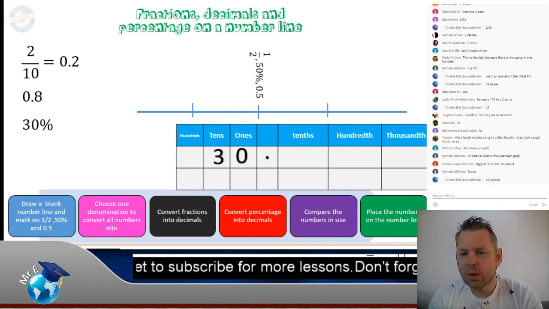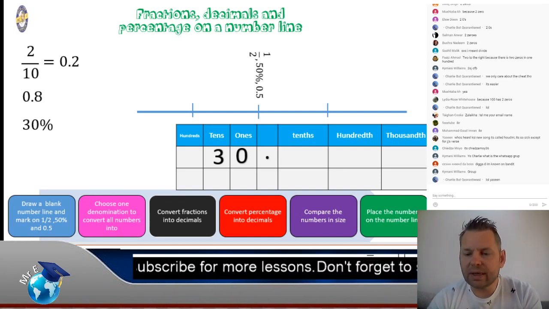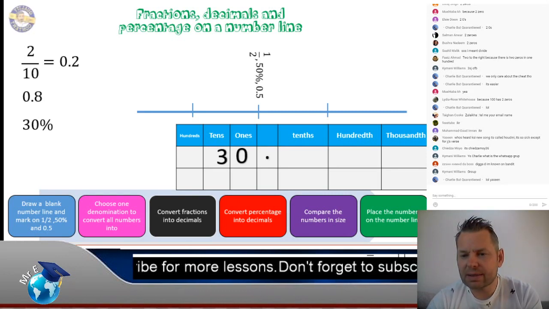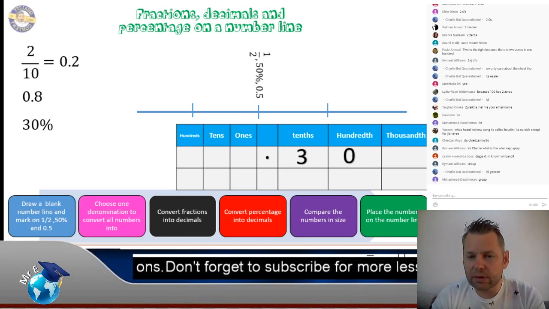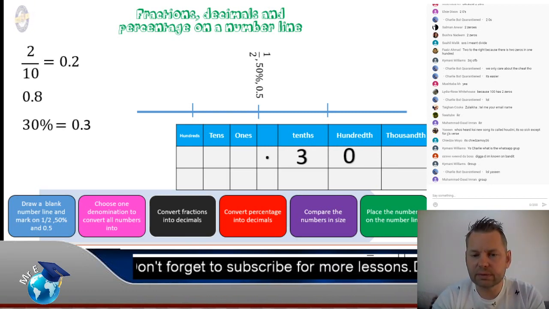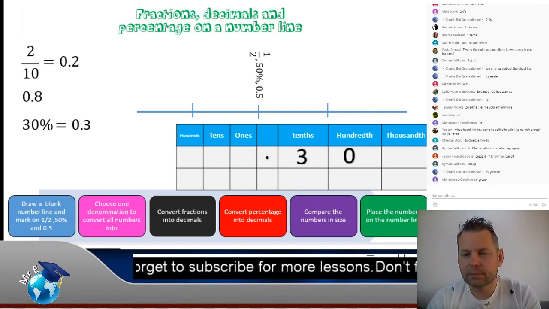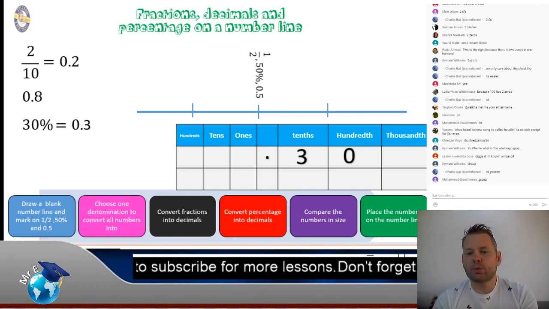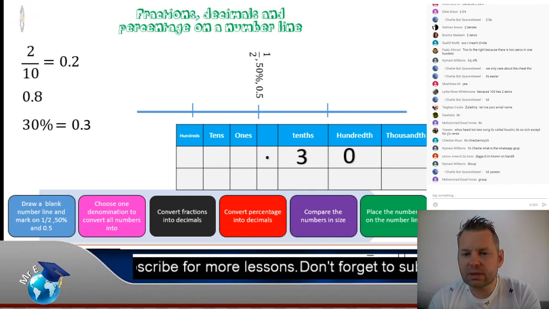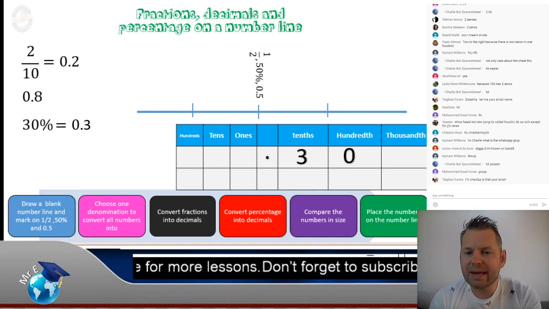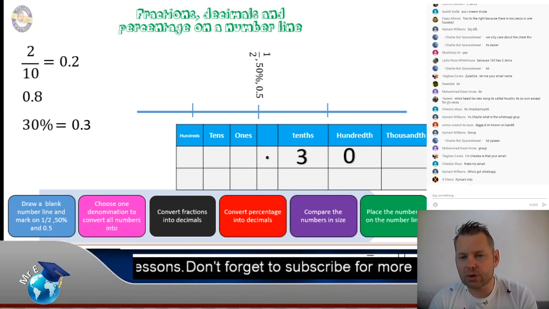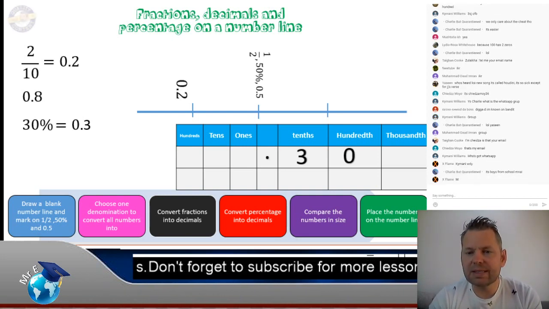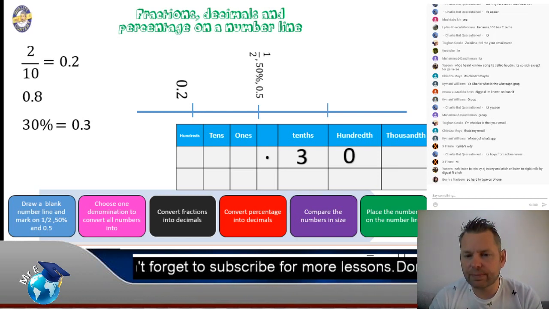So in this case, we're on 30. We're going to move everything 2 spaces to the right. So we're going to move our 3 and we're going to move our 0. And that gives us a decimal equivalent of 30% as 0.3. So now we've got our 3 different numbers in the same denomination, which makes it much, much easier now to compare and contrast them. So we can see that 0.2 is going to come first.